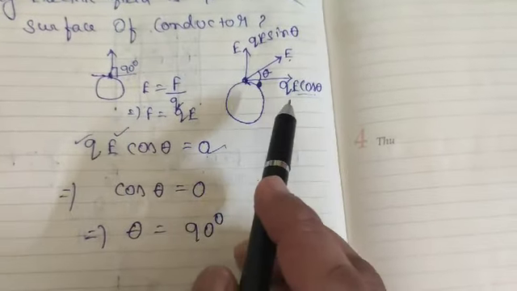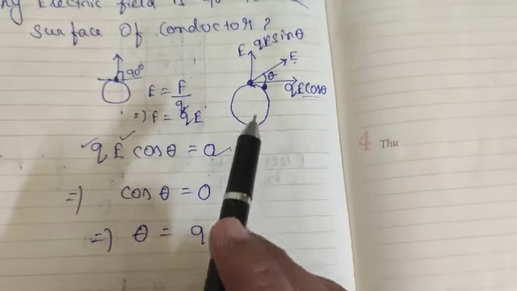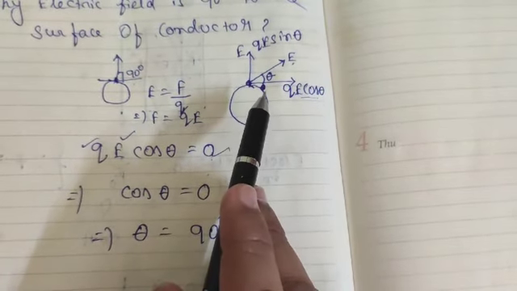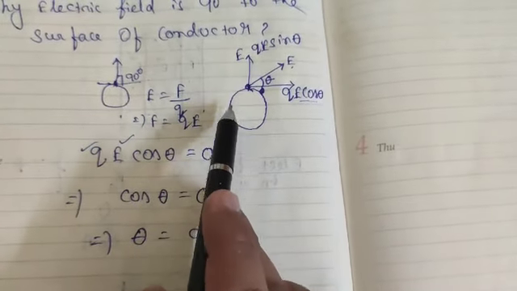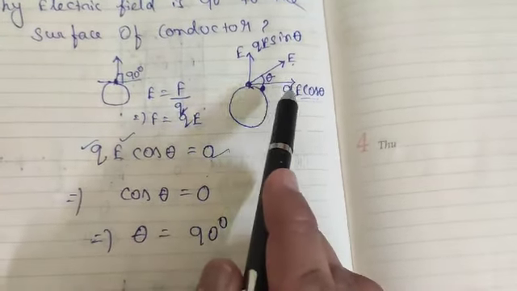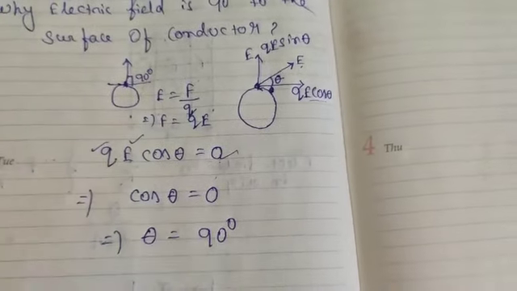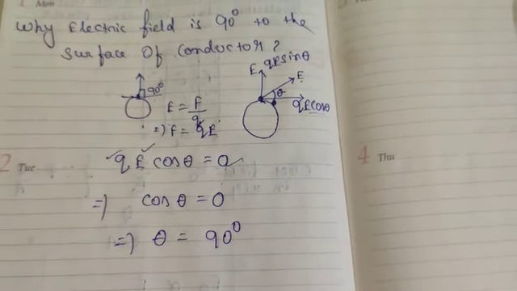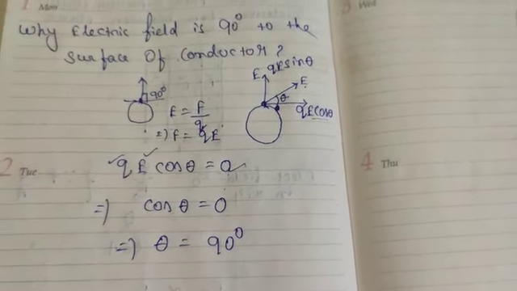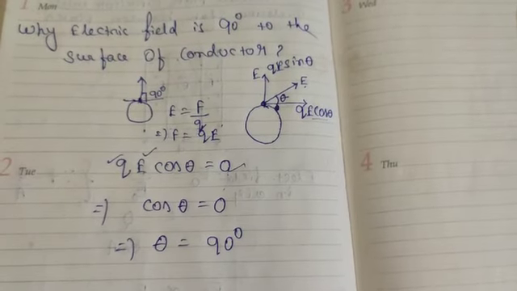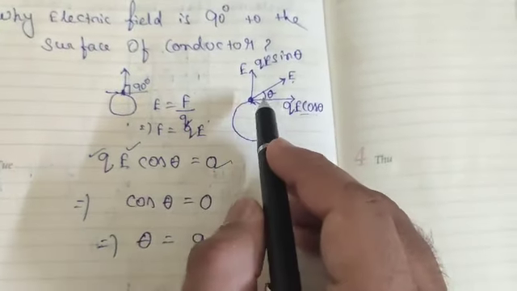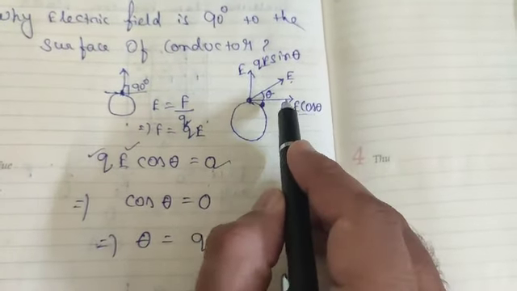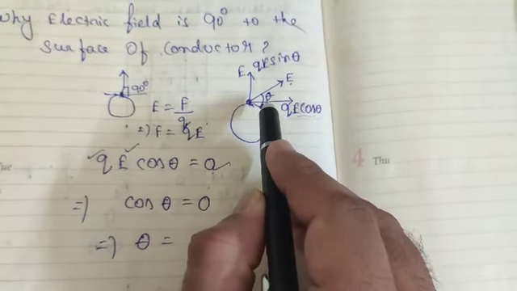So you can write it down by simple words, or you can write it down by your own words, that a static charge cannot apply a force to its neighboring charge, right? And you can write it down or draw it down directly. Draw this one. Okay, write this much, you will get 2 marks easily, right? Only the points you have to write, that is, if your electric field is not making 90 degree, let it makes an angle theta.